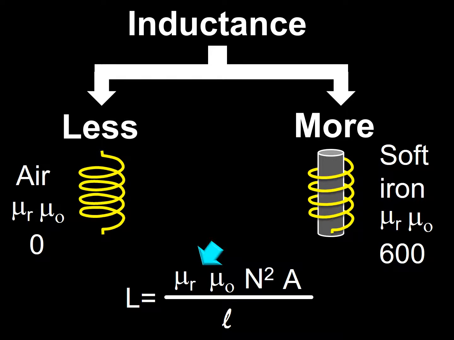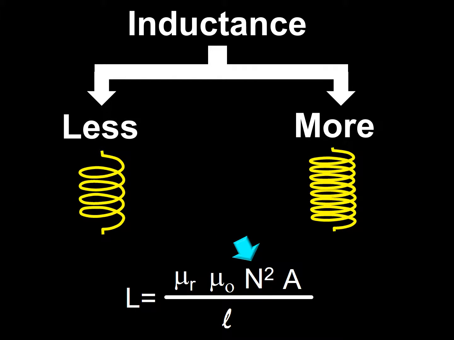If instead of air or an empty core space, we put iron, which has a high magnetic constant, the inductance will increase. The more turns per length, the more inductance.